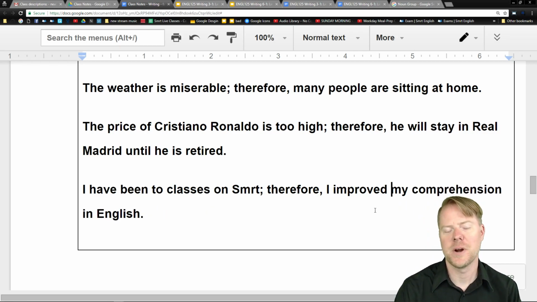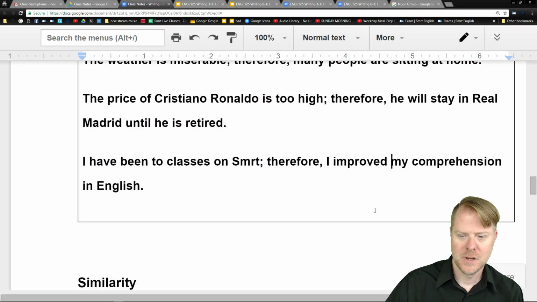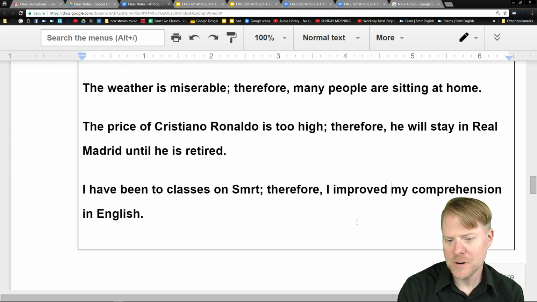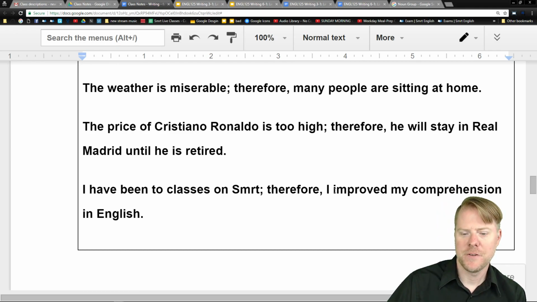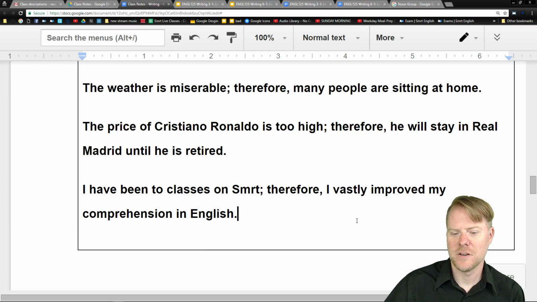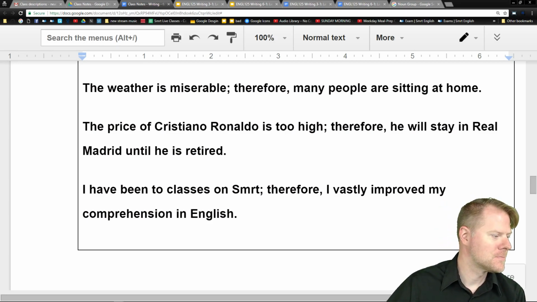I improved my comprehension in English. I guess if you want, you're using a lot as an adverb. I would say if you want an adverb that kind of means a lot, vastly. I vastly improved my comprehension in English.